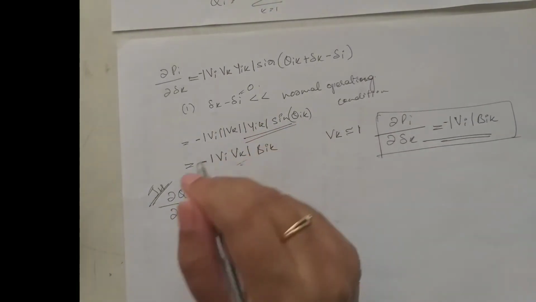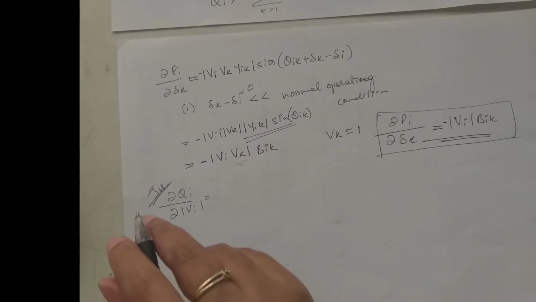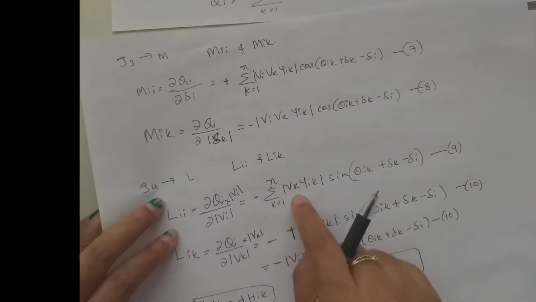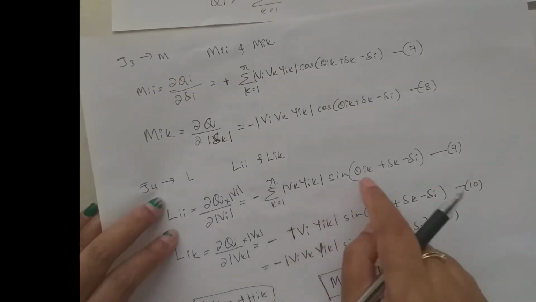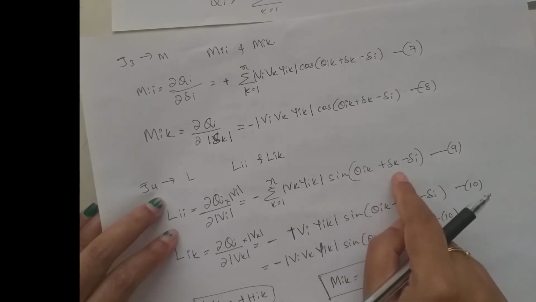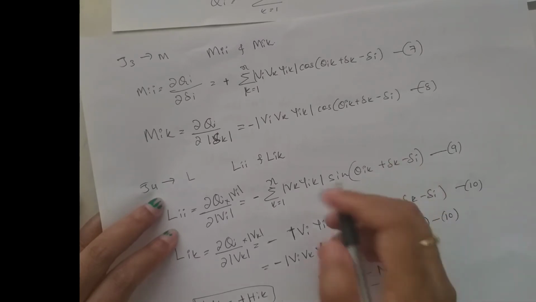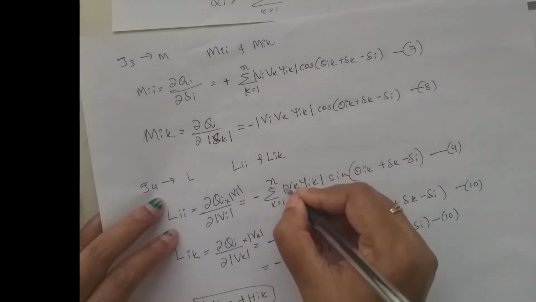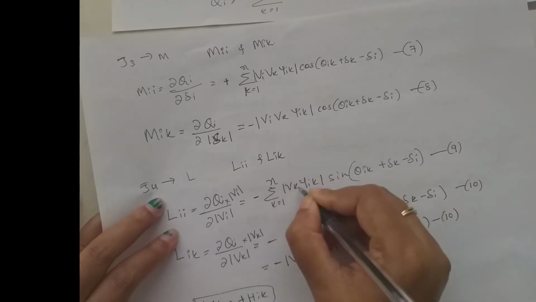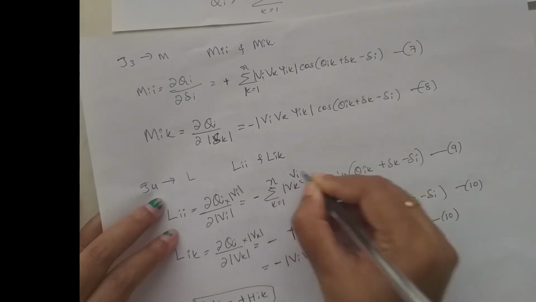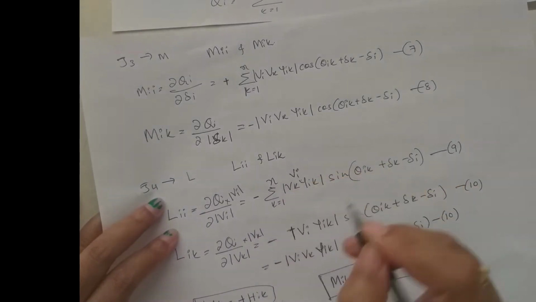Next, already we have calculated delta Qi by delta Vi, which is the elements of matrix J4, which is equal to summation Vk Yik sin of theta ik plus delta k minus delta I, and then we have multiplied it by Vi. Then we got Vk into Vi.